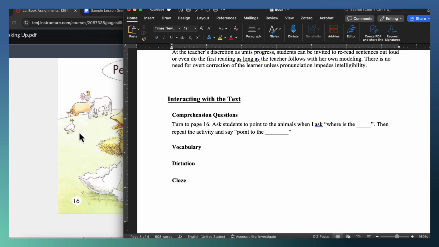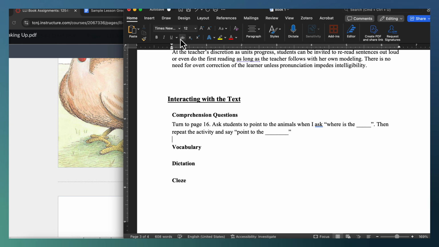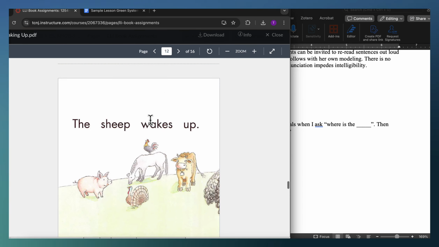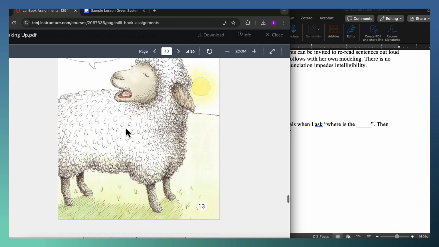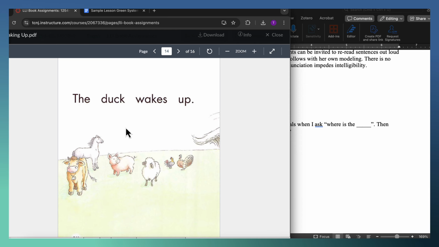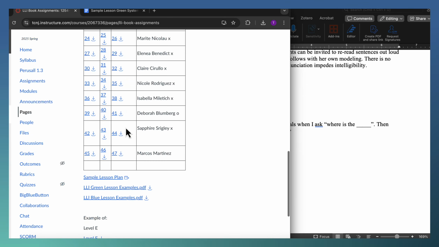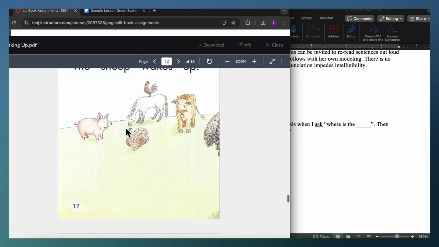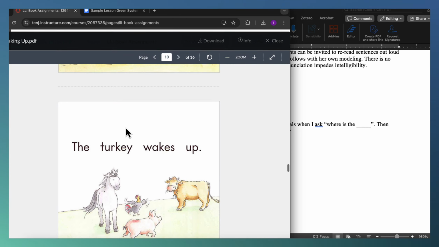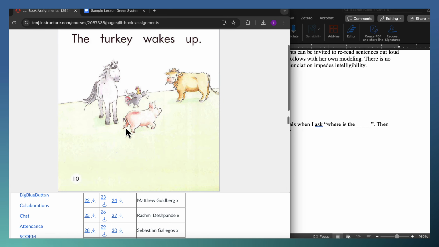There's definitely books later where the sentence structure is extremely simple. It's like this, right? And I start asking who wakes up? And then I turn the page and I say, who wakes up? And they might say the duck. And then I ask again, who wakes up?